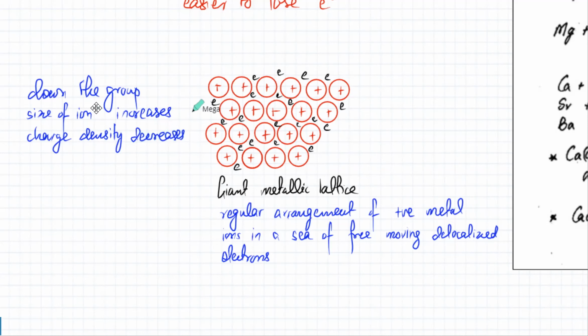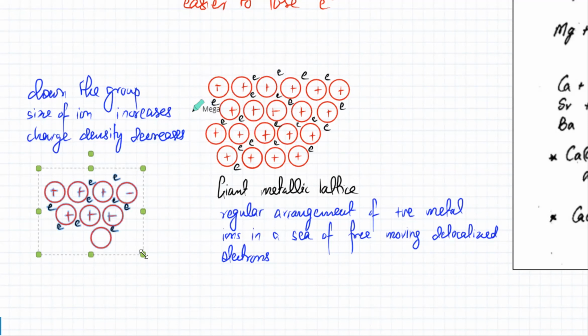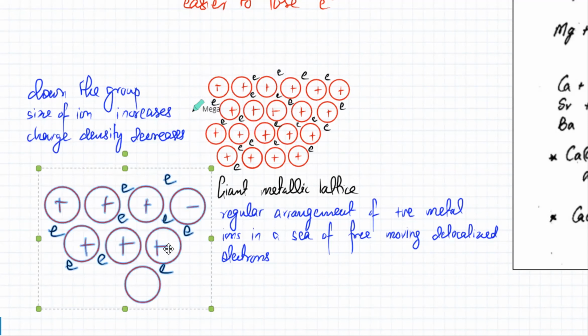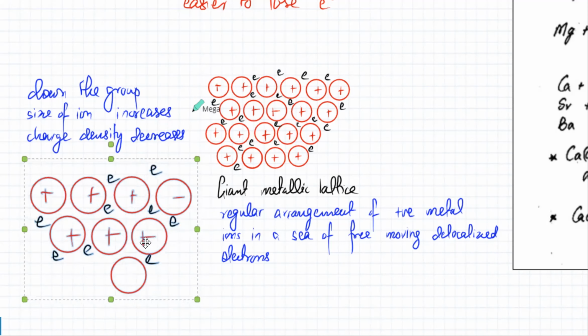So if you have this giant metallic lattice, down the group the ions are going to be much bigger.